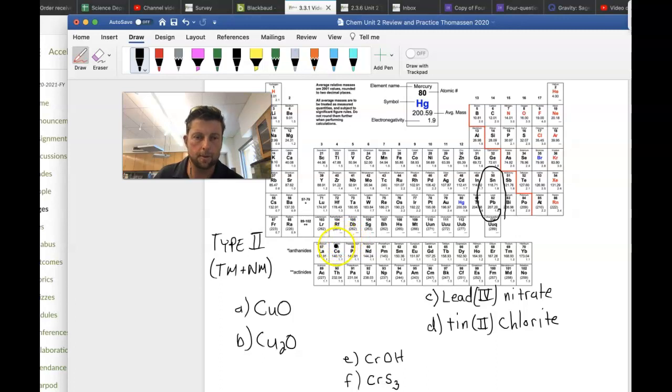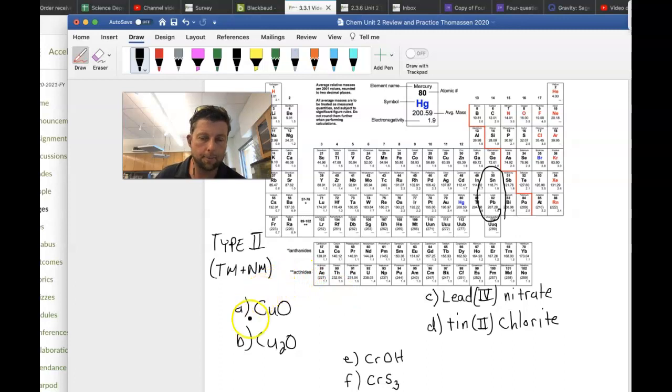So the Roman numeral, which specifies the charge of that metal ion, is necessary in this naming. You will always need a Roman numeral in the name of these compounds, and that gives the charge, not the number, but the charge of the metal ion.